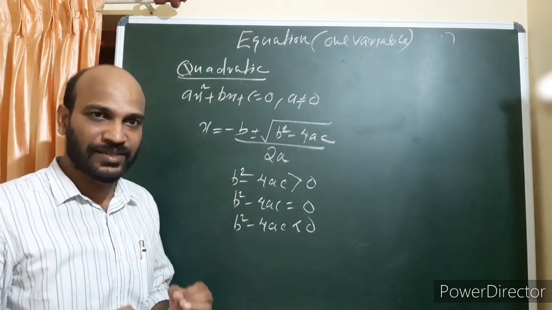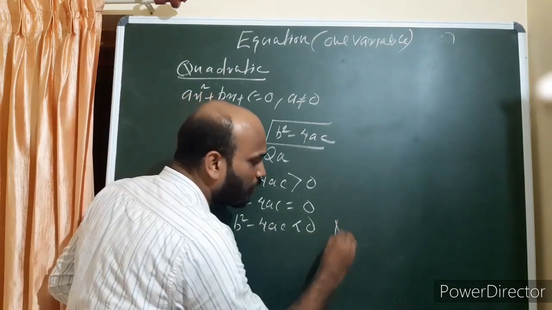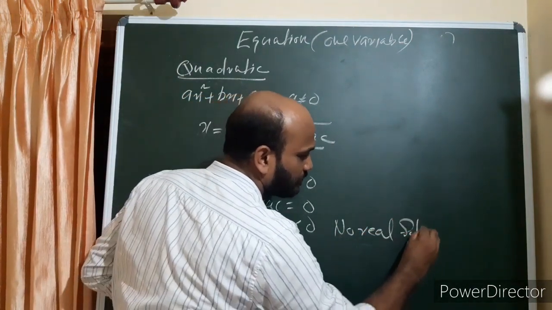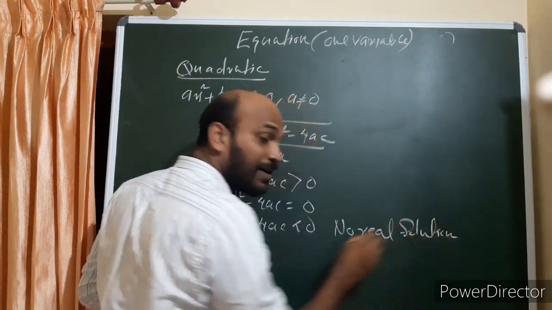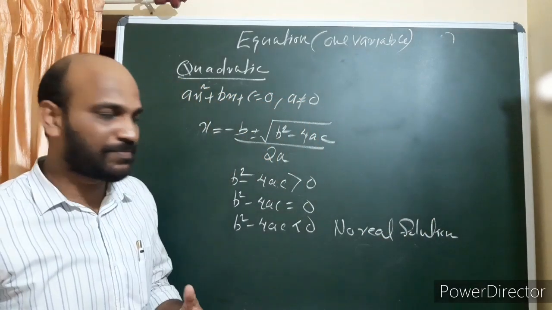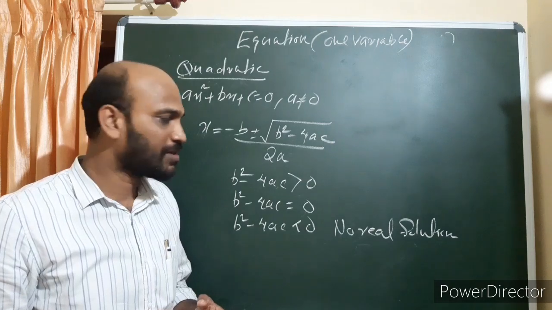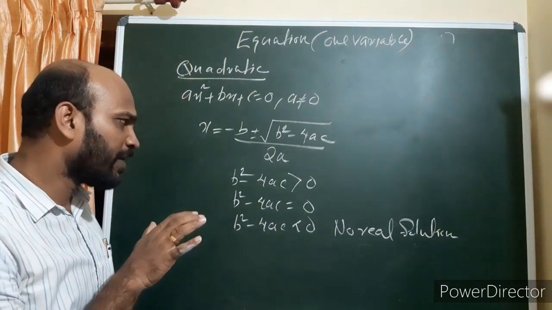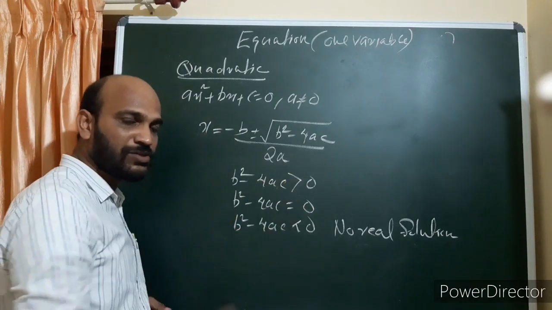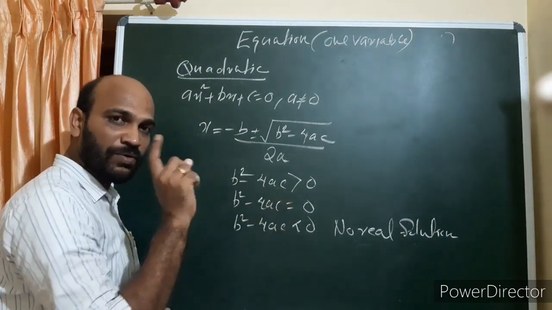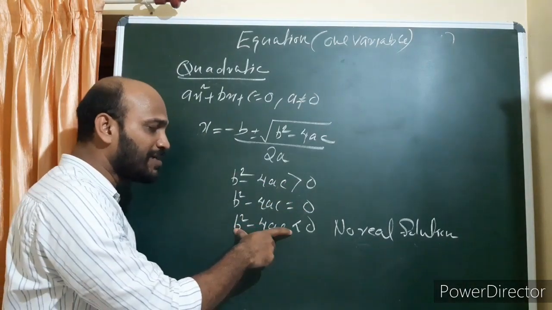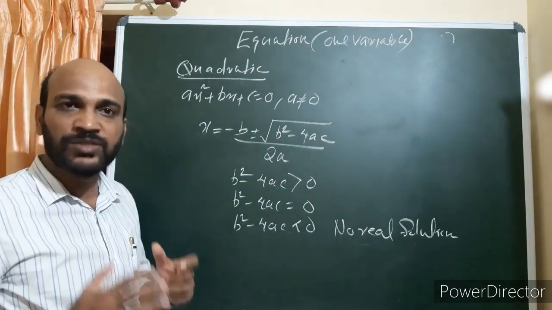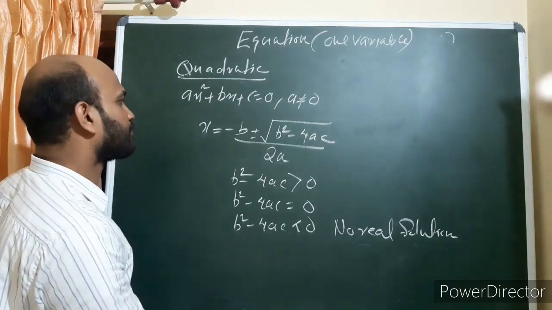Actually solutions are there, but no real solutions. There are complex solutions that you will study, but there are no real solutions. So if b square minus 4ac is more than 0, two different solutions; equal to 0, two equal solutions; less than 0 means no real solutions.